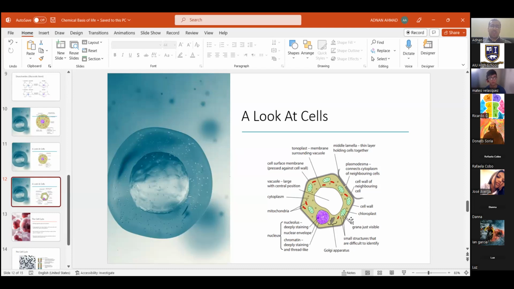So in the case of overwatering, the excess water gets accumulated in this large vacuole, and after some time it is released into the plant.